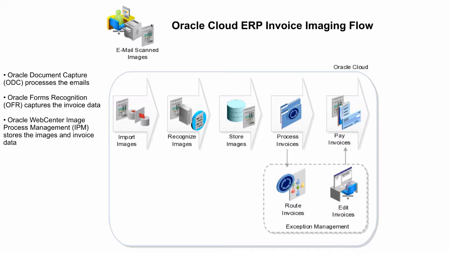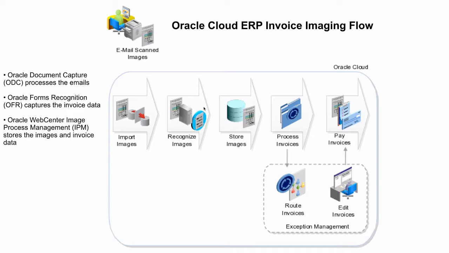So as I mentioned, we start off up here with the invoices coming into the organization. They get scanned, and within Oracle ERP, the way the documents, once they're scanned, get processed is they're emailed into a URL that's set up once you subscribe to the Oracle solution. That email will be routed to the Oracle Cloud solution, and from there, the document that was sent over is imported as an image.